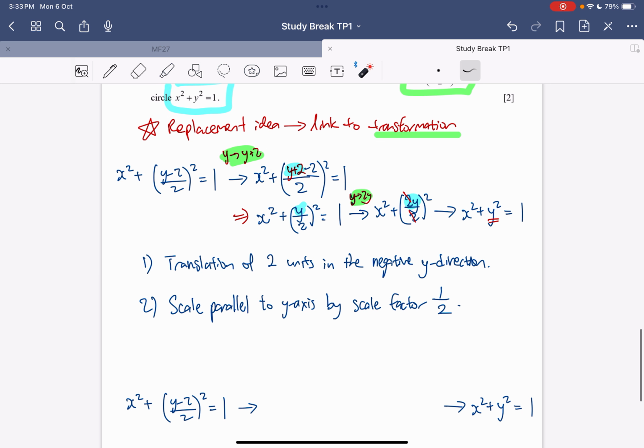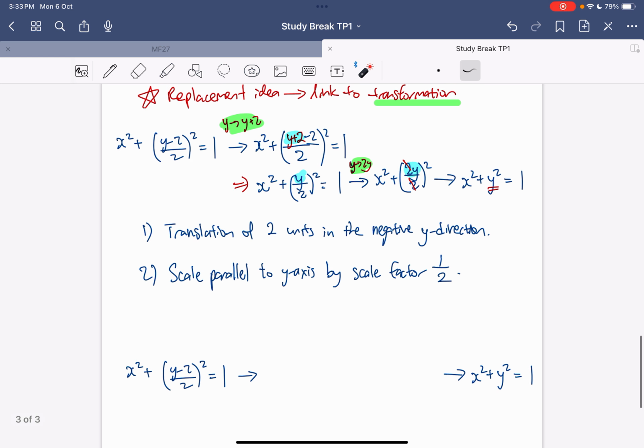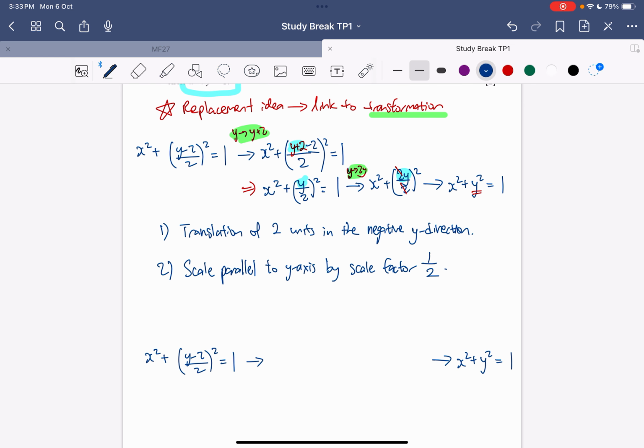Now, if you consider scaling first, then translate, you have to check what is the translation, how many units, because if you do the replacement, it may be different. If you replace by the same number of units, translate, it may not give you what you need.